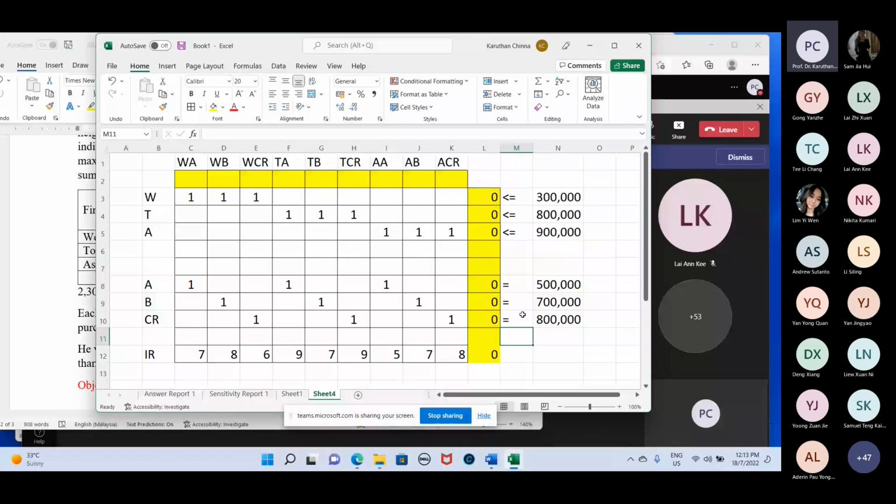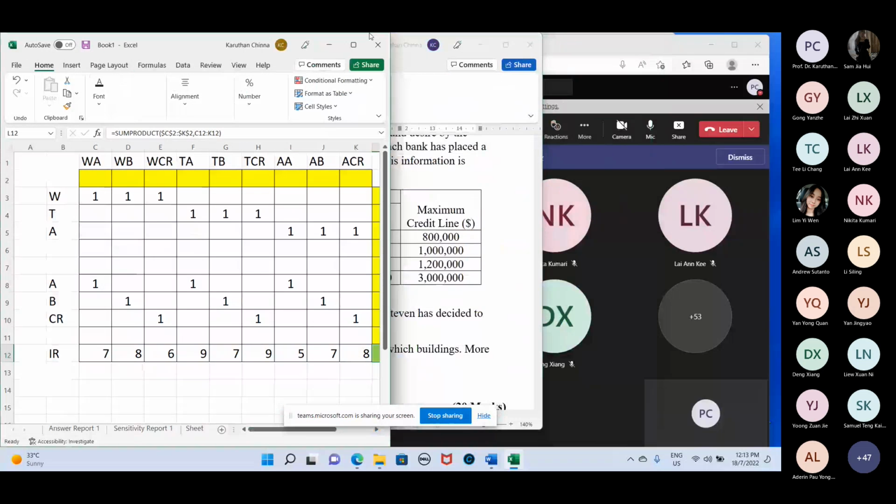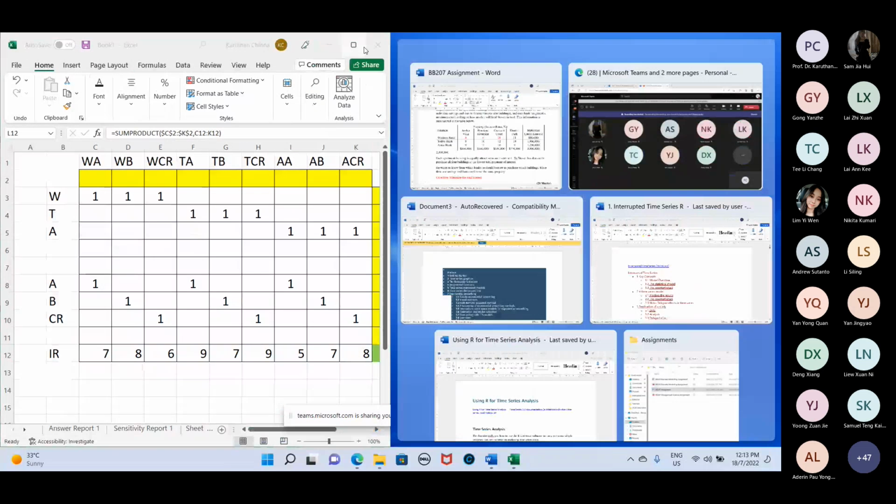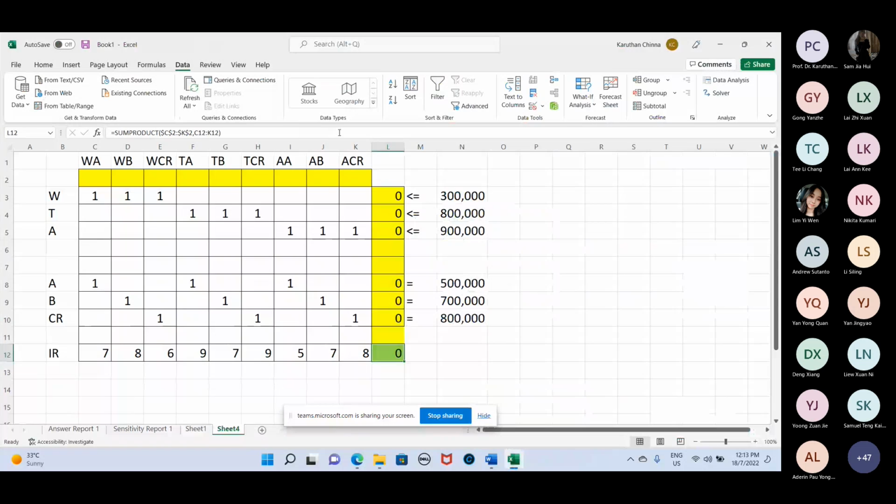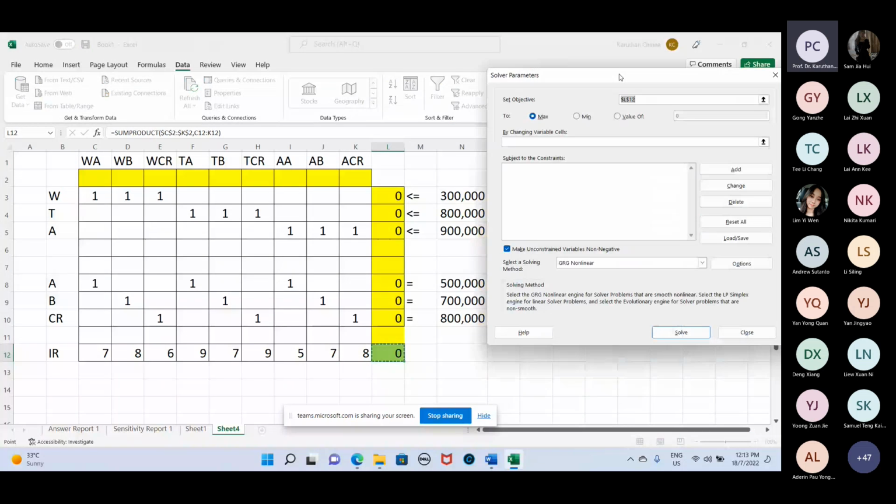Okay, that's the objective function. Maximize or minimize? Minimize by changing values in this row.